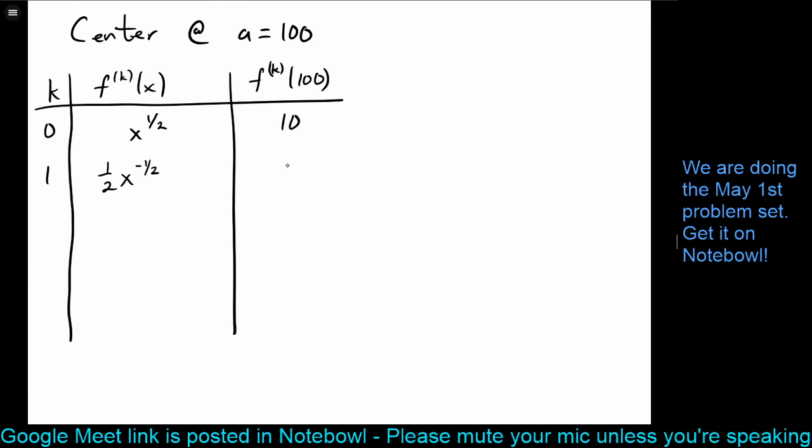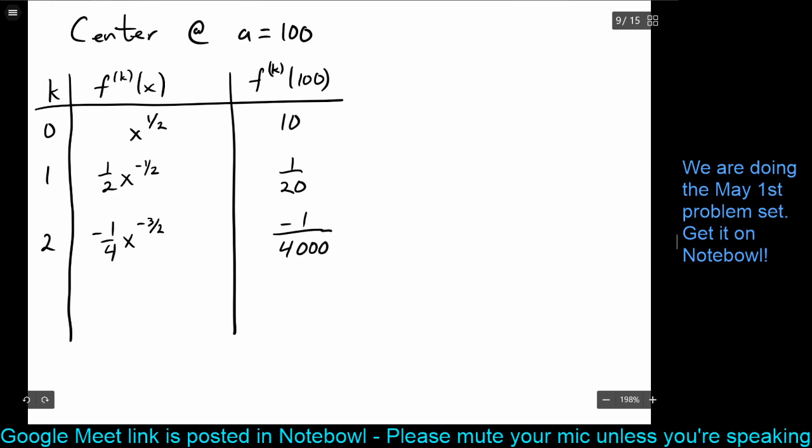Plug this in, and we're going to get 1 over 20. Right? When k is 2, we're going to have negative 1/4 x to the minus 3/2. Plug this in, and it's, I had this number earlier, negative 1 over 4,000.